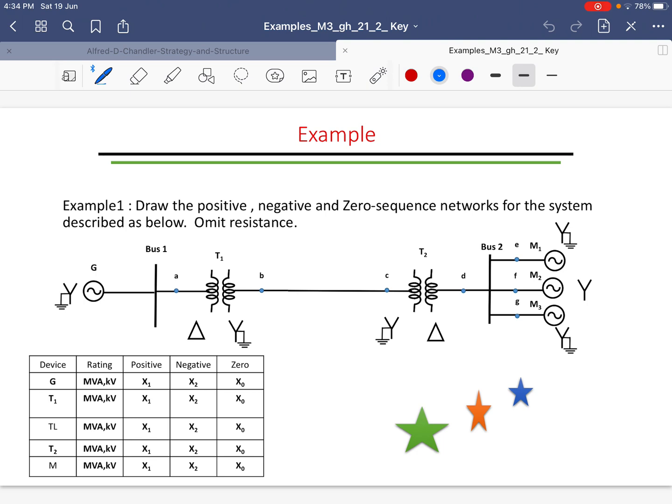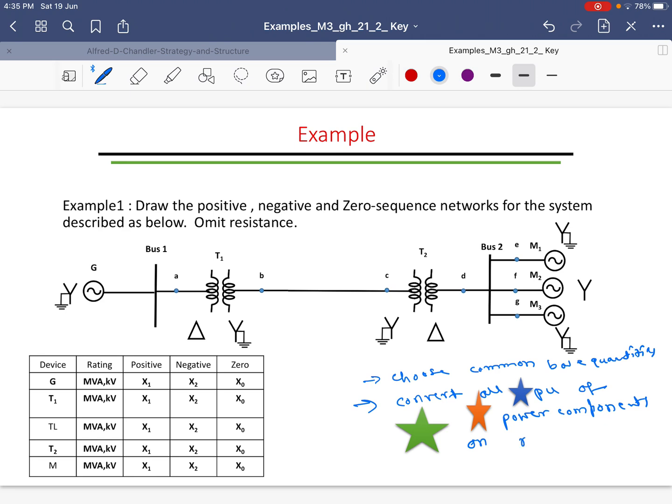The procedure is that you have to choose common base quantities and convert all the per unit values of the power system components to the new, common base quantities.